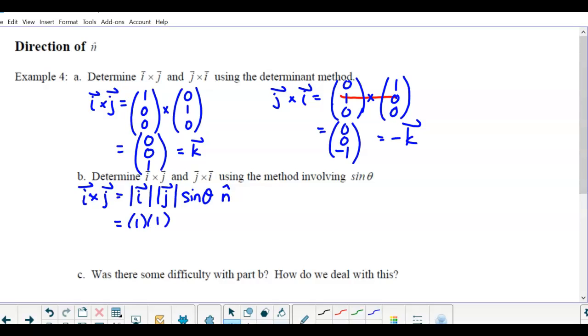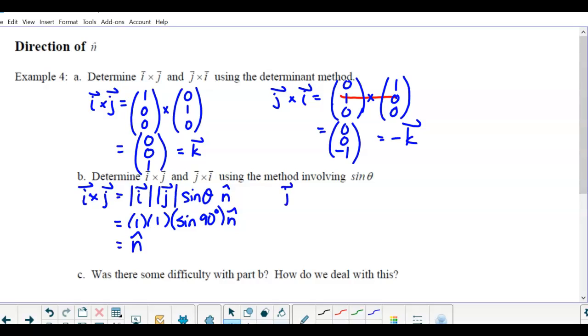And the angle between them, that sine, is 90 degrees between vectors I and J. Sine of 90 is 1, so really we get that unit vector, right? But that still doesn't tell us a direction. So that's the issue in using this particular method here. You have to know the direction of it.